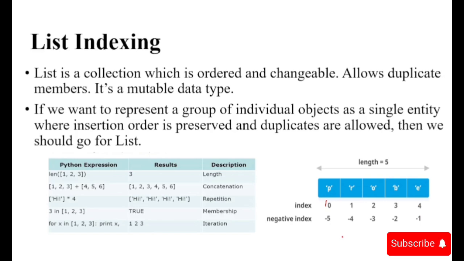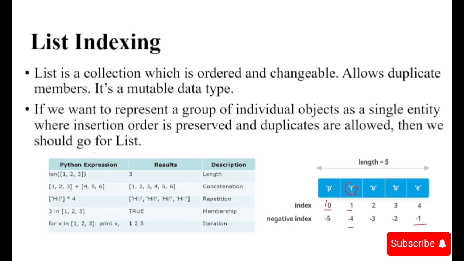So if I want to access the character R, I can use either 1 or negative 4. One thing I want you to note is that for positive indexing, we start from 0, but for negative indexing, we start from negative 1. Right? So that is the idea of list indexing.